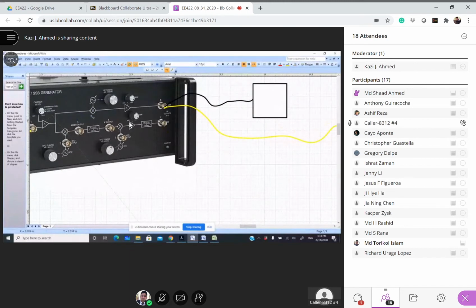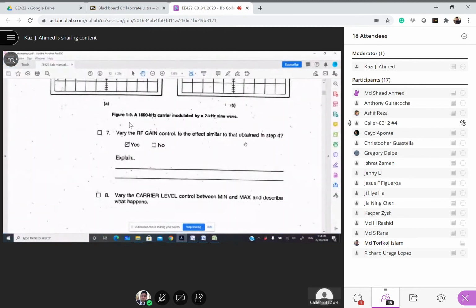Afterward, this is the combination of message and carrier. This gain will increase the whole thing, right? So in fact, you're going to see the similar thing: the amplitude is increasing, right?